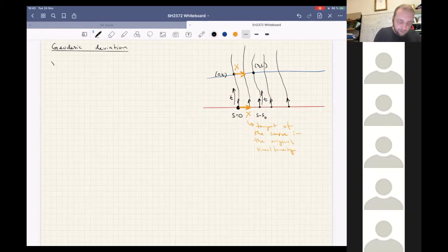So I'm going to define here x dot dot as the second derivative in the direction, if u here is the tangent of the geodesics, I apply this to the vector x.